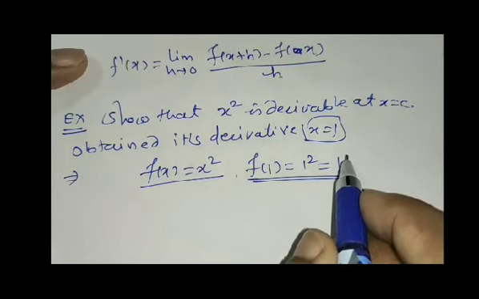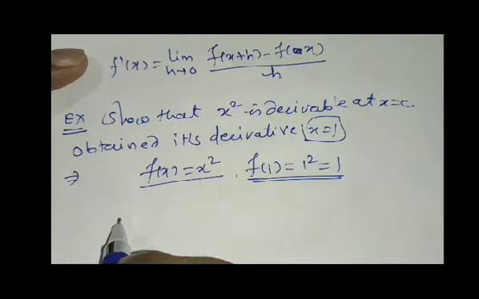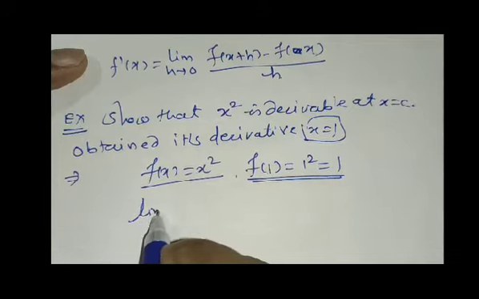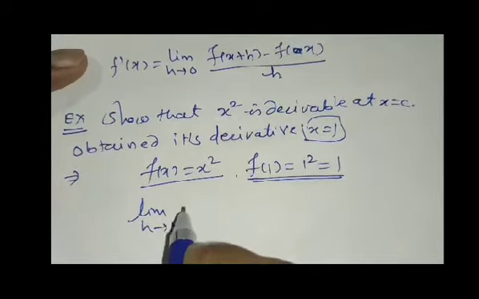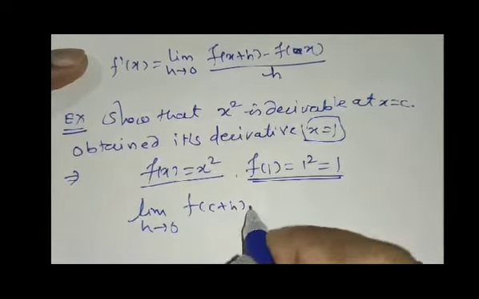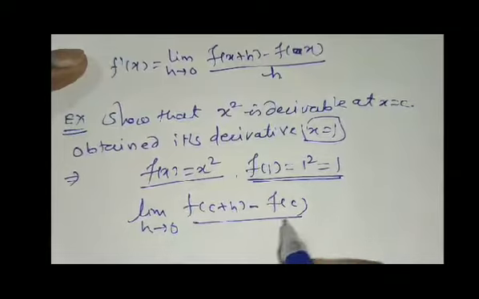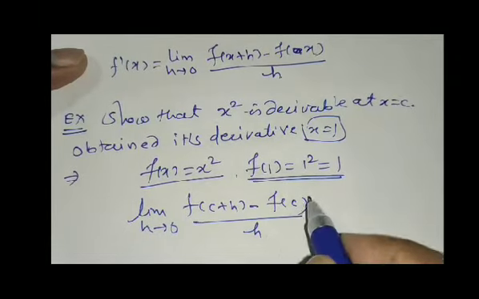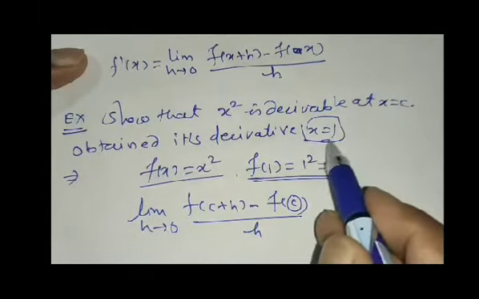Now in the definition, limit h tends to 0, f of c plus h minus f of c divided by h. Now our point c is x is equal to 1.